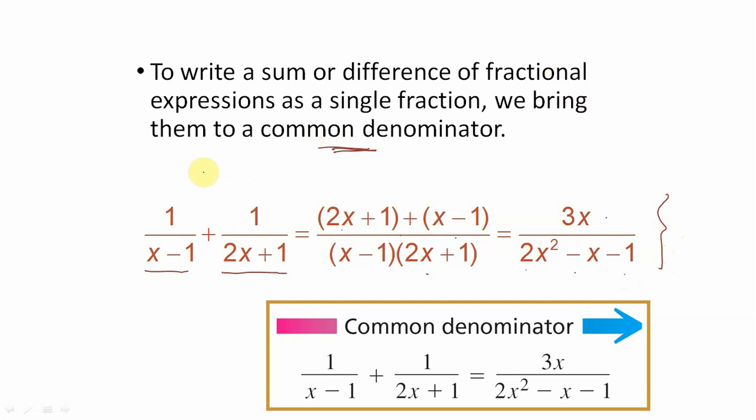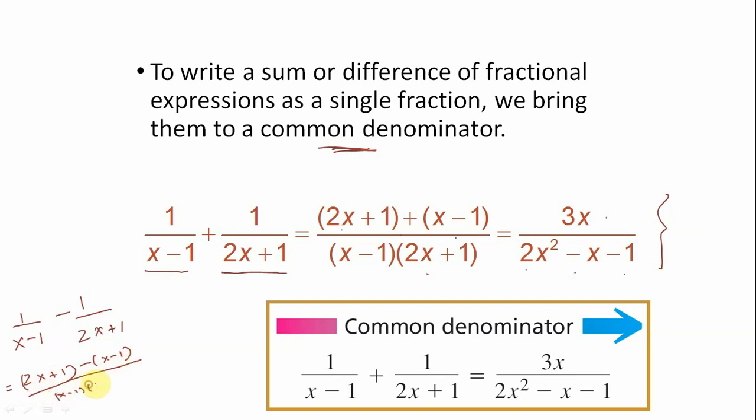If this was 1 upon x minus 1 minus 1 upon 2x plus 1, then I would have solved it as 2x plus 1 minus x minus 1, divided by x minus 1 times 2x plus 1.